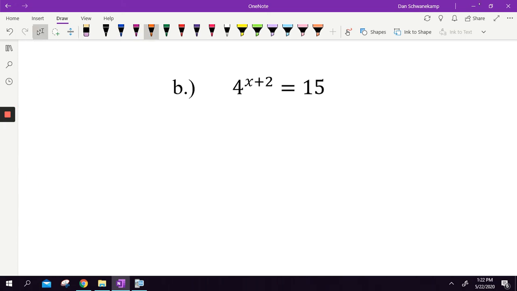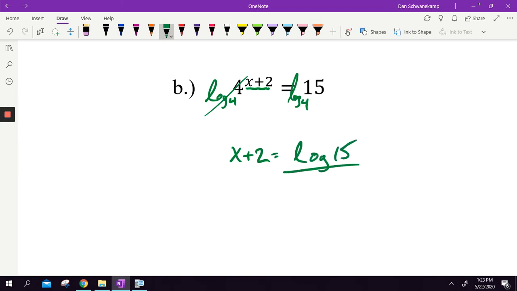Letter B, same thing. Okay, we are going to get rid of this. That x plus 2, it's in my exponent, so I don't want to mess with it yet. The first thing I got to do is get rid of the exponential. So log base 4 and 4, those two things are going to cancel, leaving me with just x plus 2. Over here, I need to figure out what log base 4 of 15 is. So I'm going to take the log of 15 divided by the log of 4.